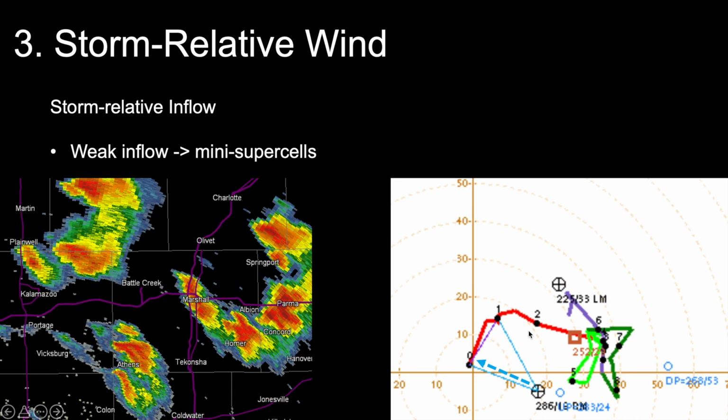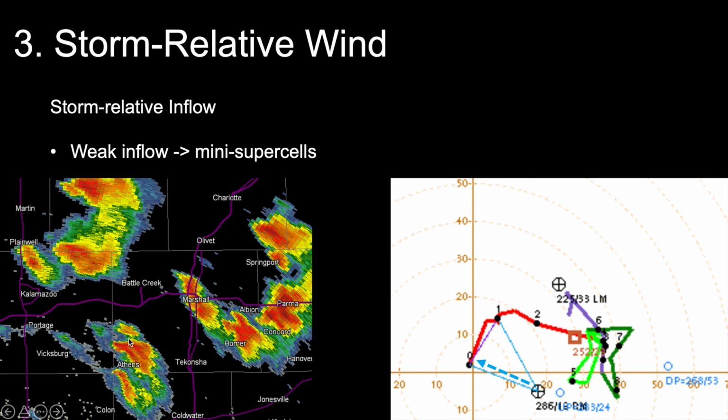Whereas when we have much weaker storm relative inflow, say this case is only pushing about 20 knots or so from 0 to 1 kilometer, we really don't have enough mass flux to sustain a big supercell, which is why we typically end up with these mini supercells.